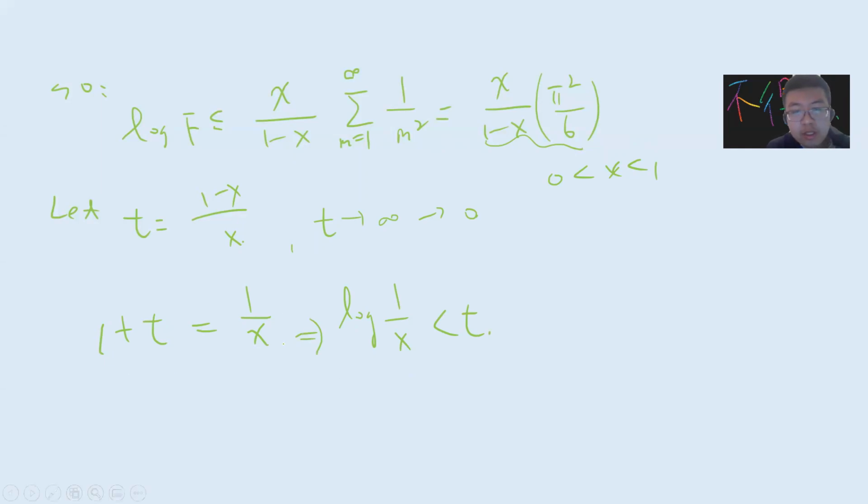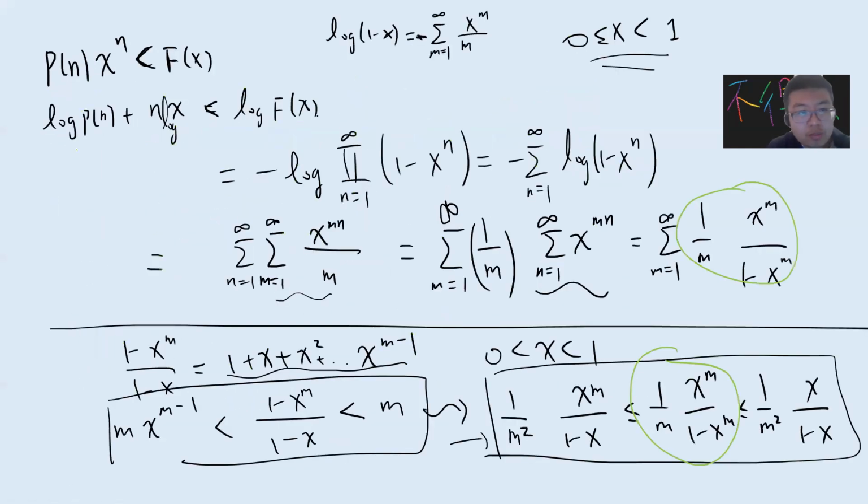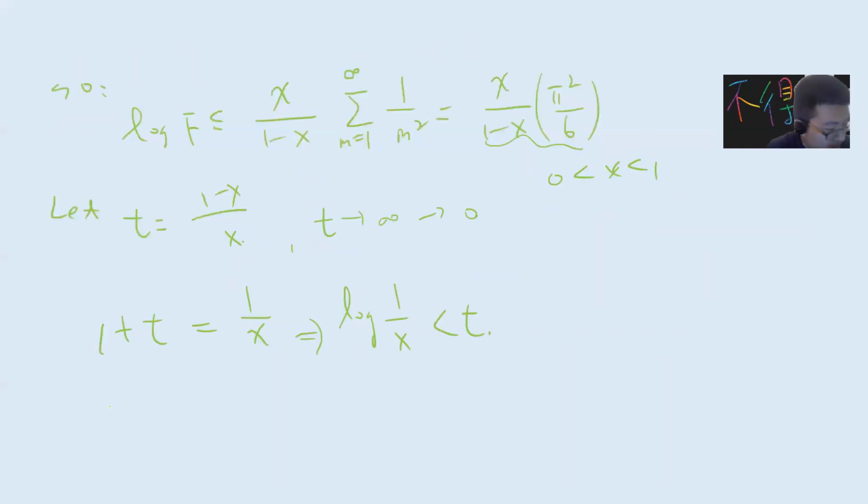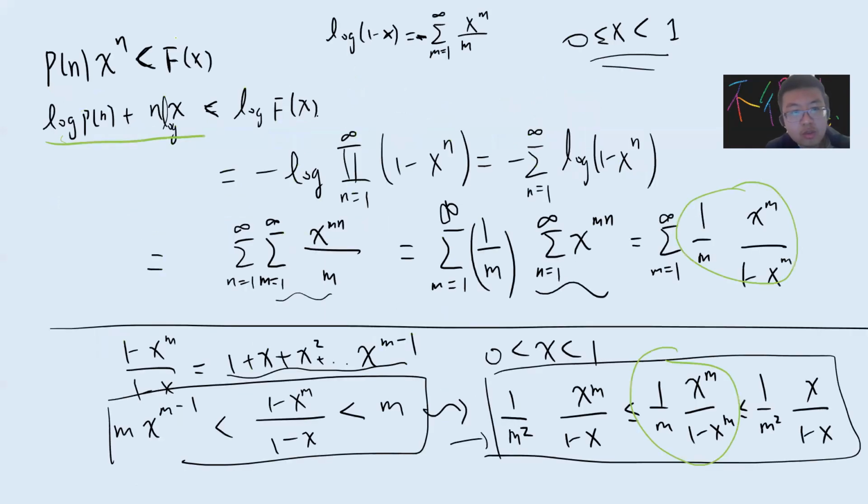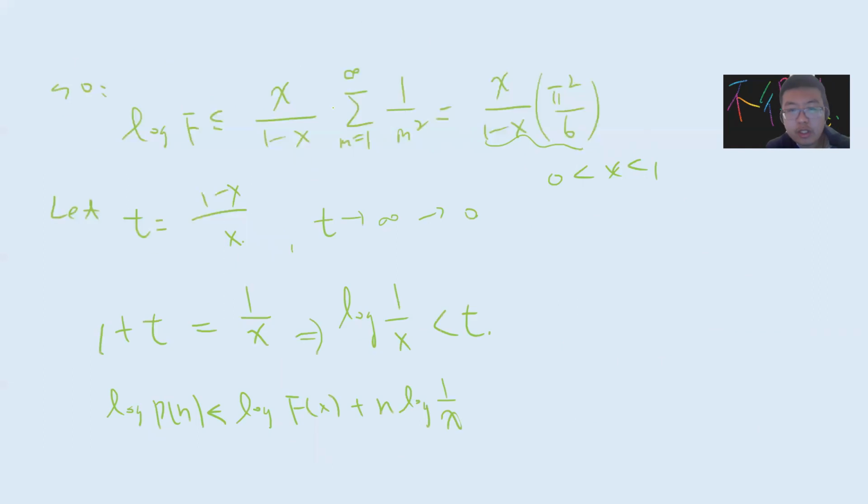Let's go back to the original results. We get log p(n) plus n log x less than log f(x). So we get log p(n) less than log f(x) plus n log 1 over x, because we can just move this to the right-hand side and divide by x.